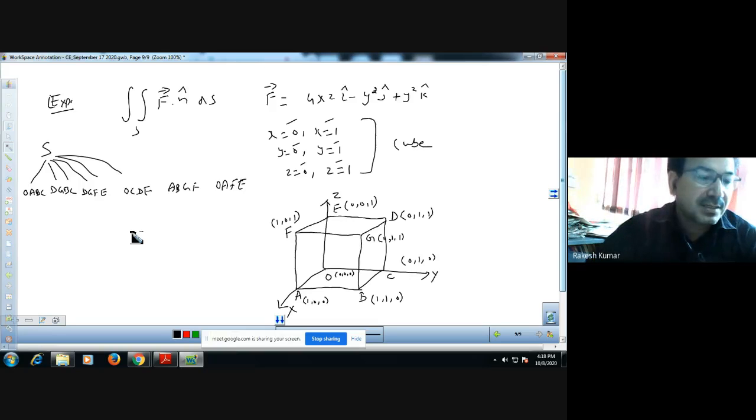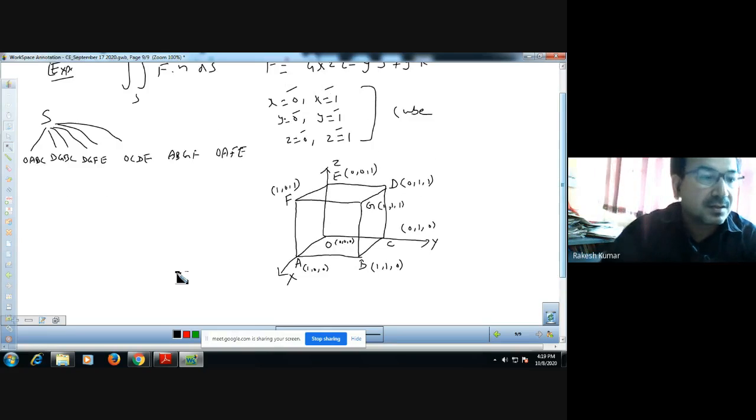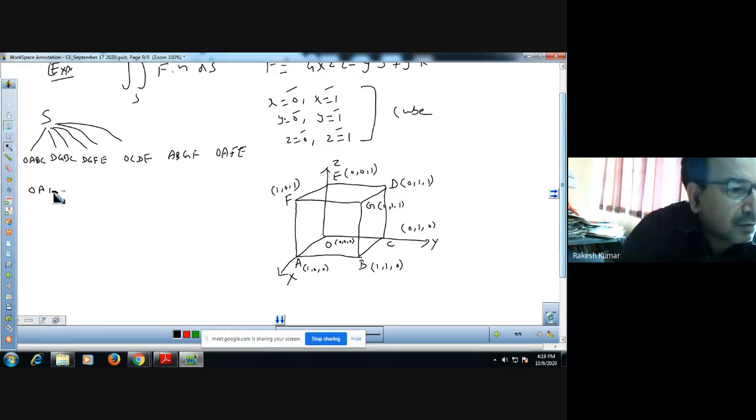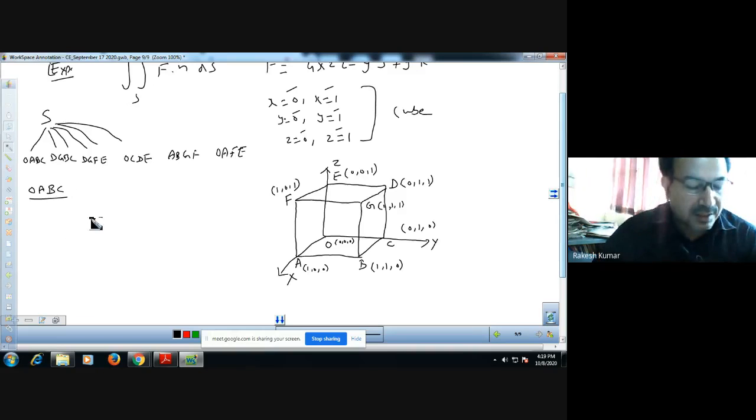Now we shall discuss these faces one by one, because on each face we have a different unit vector. First we take the face OABC.